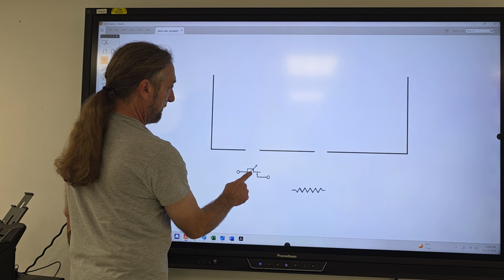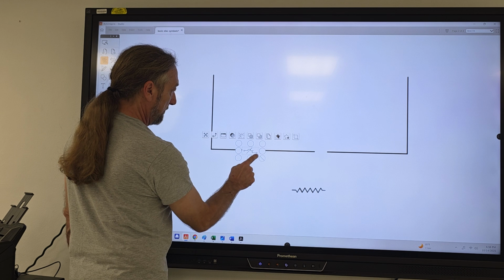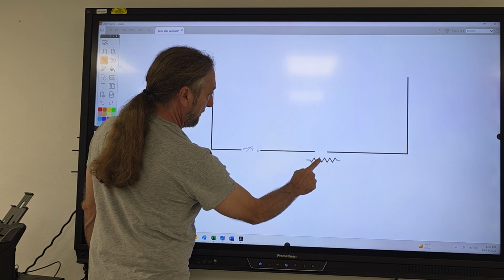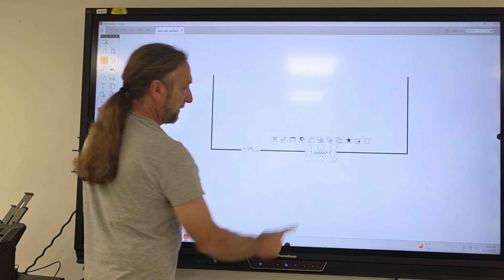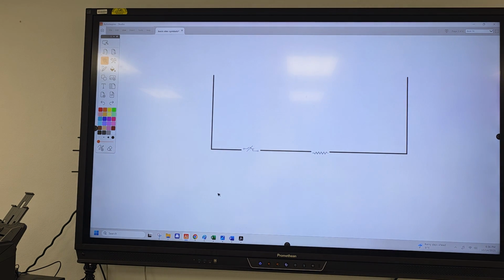I'm gonna put this one in here, and I'll make it a little bit smaller to fit. And then I'm gonna put this one here. Is that a good circuit? Yeah. I know the white part is keeping it from drawing the line, but that would work, right? Okay. L1, L2.